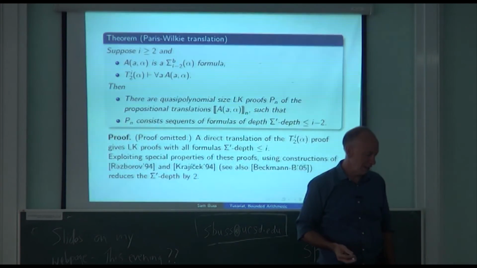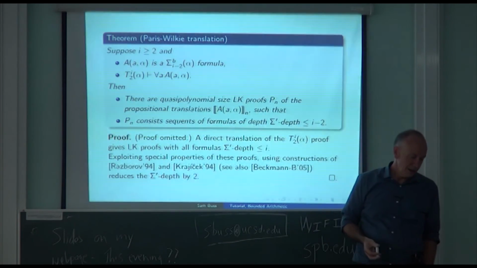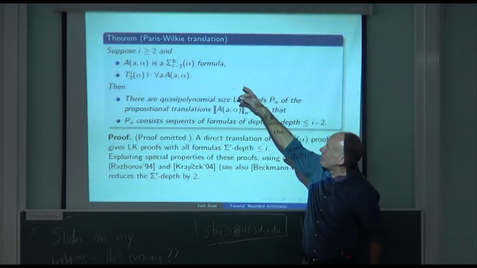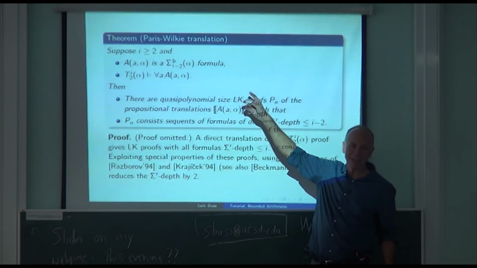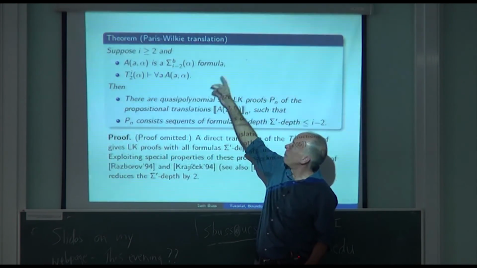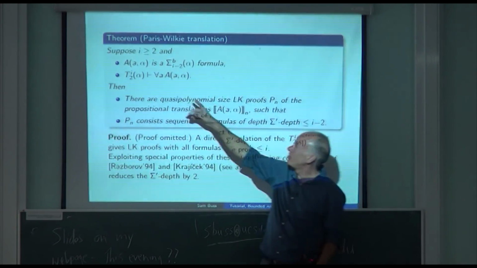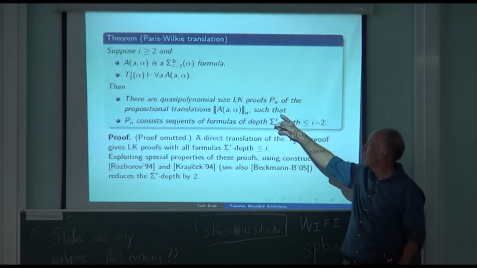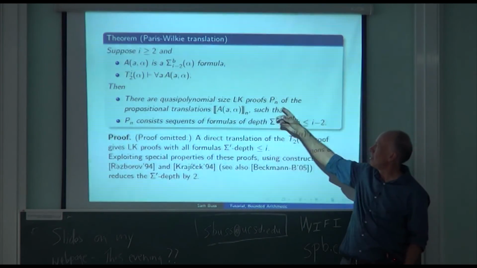So the Paris-Wilkie translation: we assume i is greater than or equal to 2, and the formula A of a, alpha is a sigma B i minus 2 formula of alpha, and T^i_2 proves it. Then there are quasi-polynomial size sequent calculus proofs.